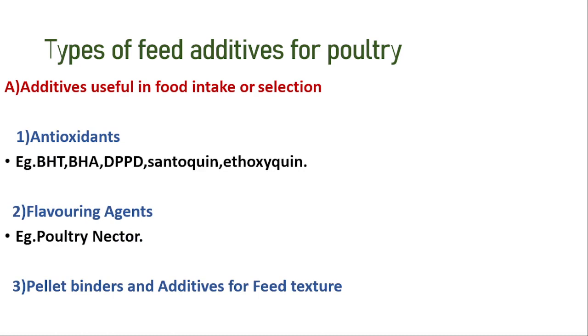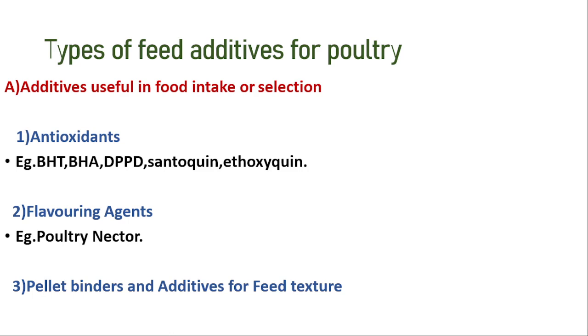When we learn about antioxidants, all kinds of feeds may be spoiled, but the chances of spoilage are higher in fat-rich food, especially oil cakes, which are prone to oxidation, followed by rancidity.